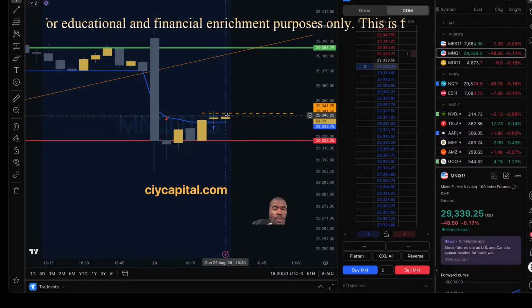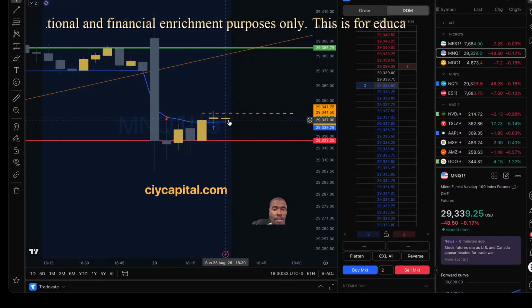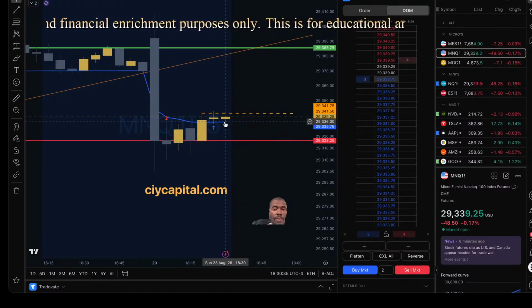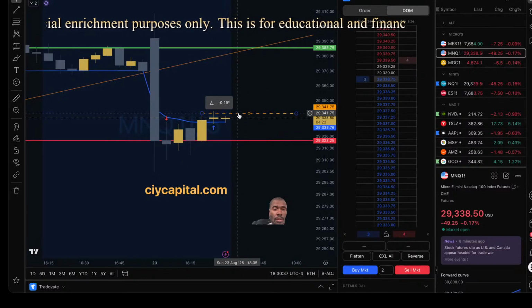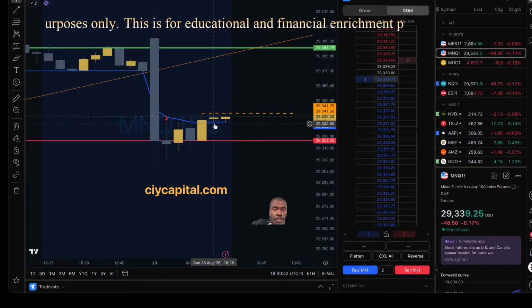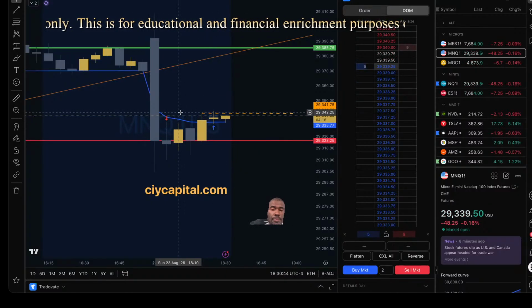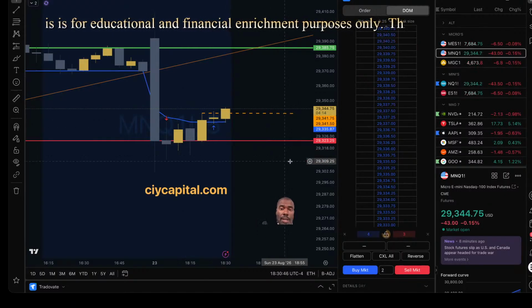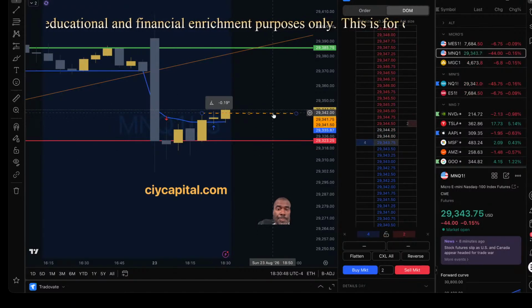So we got a new candle on the 5 minutes. Price is really tight between these two levels, the VWAP and the support/resistance above. All right, so we broke out. Let's see.